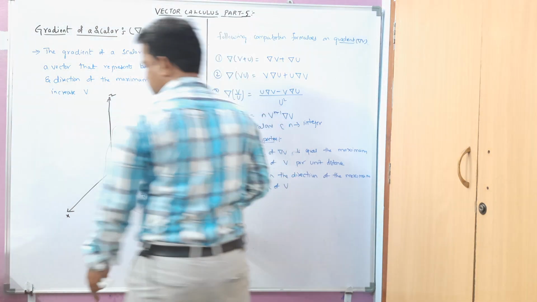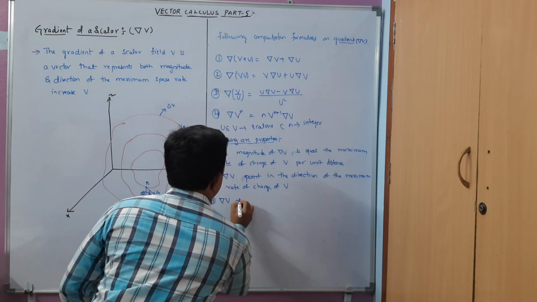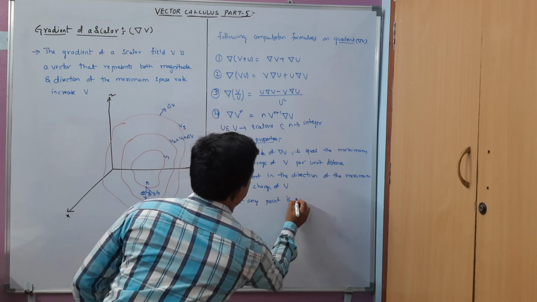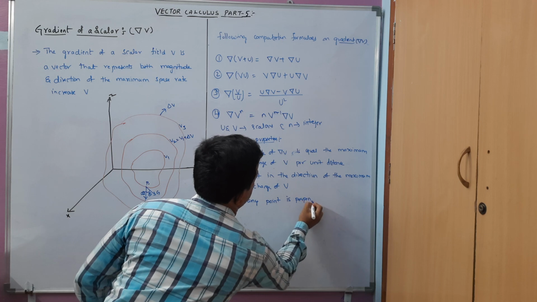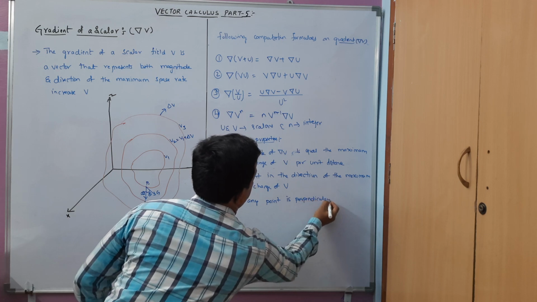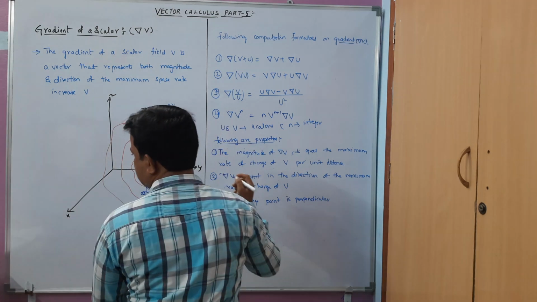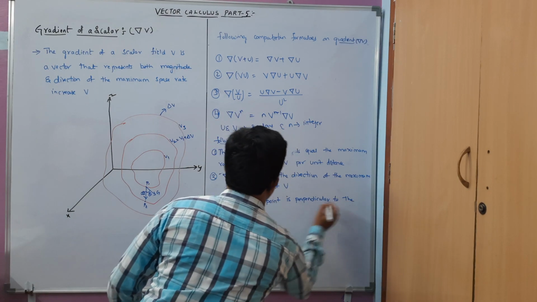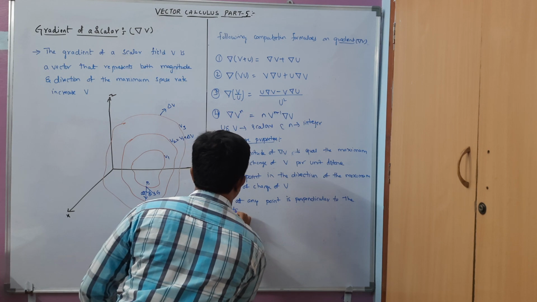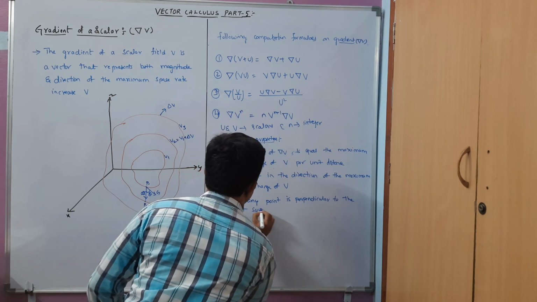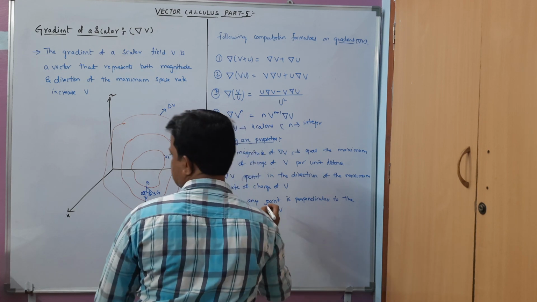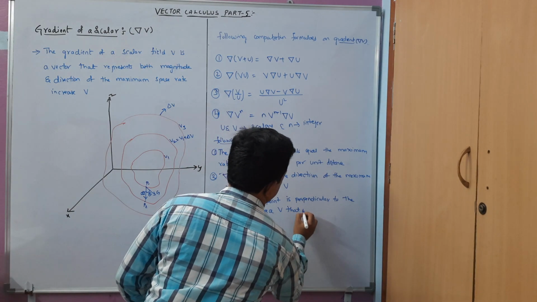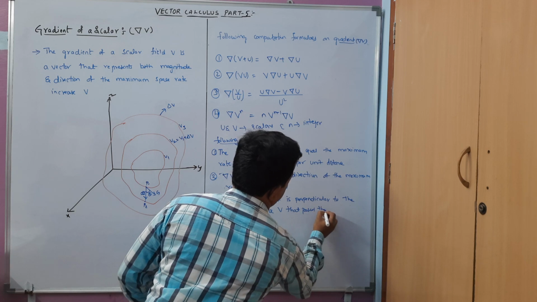Del v at any point is perpendicular to the constant surface v that passes through the point.